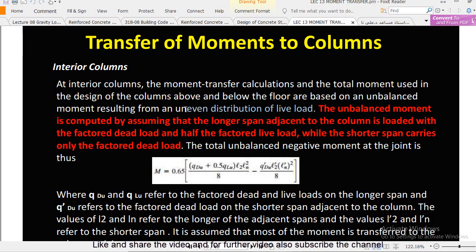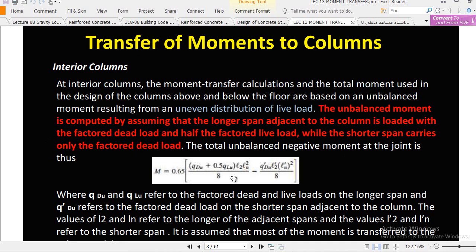Remember, this is only the uneven distribution of live load; it does not account for lateral loading or unsymmetrical geometry. The unbalanced moment is computed by assuming that the longer span adjacent to the column is loaded with the factored dead load and half the factored live load, while the shorter span carries only the factored dead load.